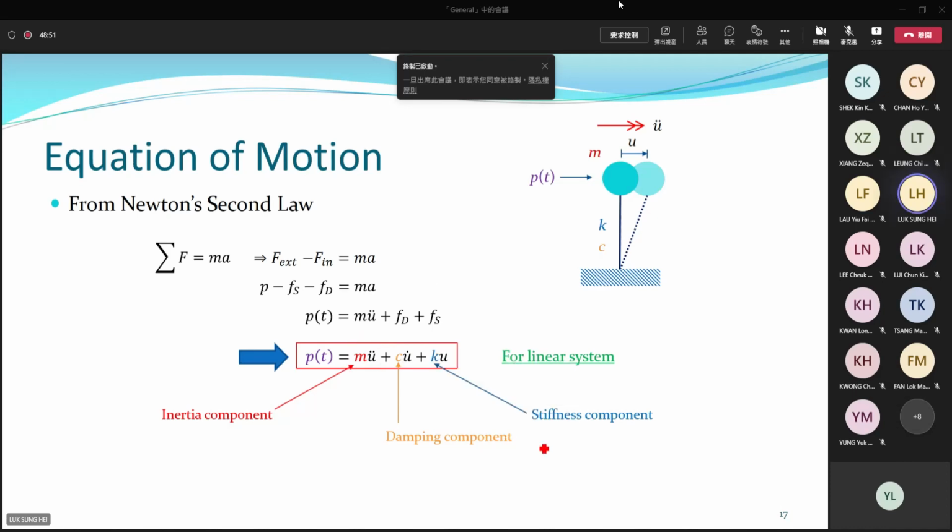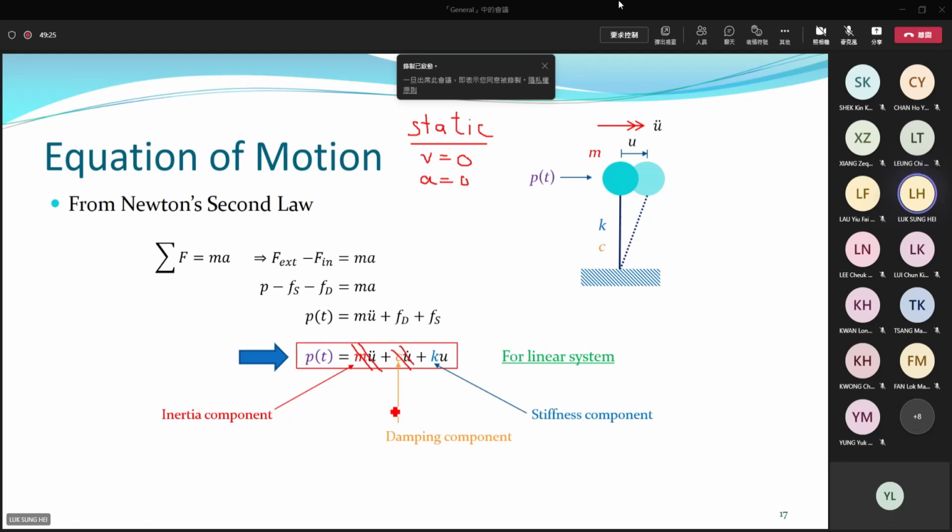One interesting thing you can observe from this formula. In the past, static. Static means the system has no acceleration, no velocity, right? For a static problem, the structure will displace, but it will not move, it will not accelerate. So when you substitute velocity and acceleration equal to 0 back into this formula, this one disappears, this one disappears.